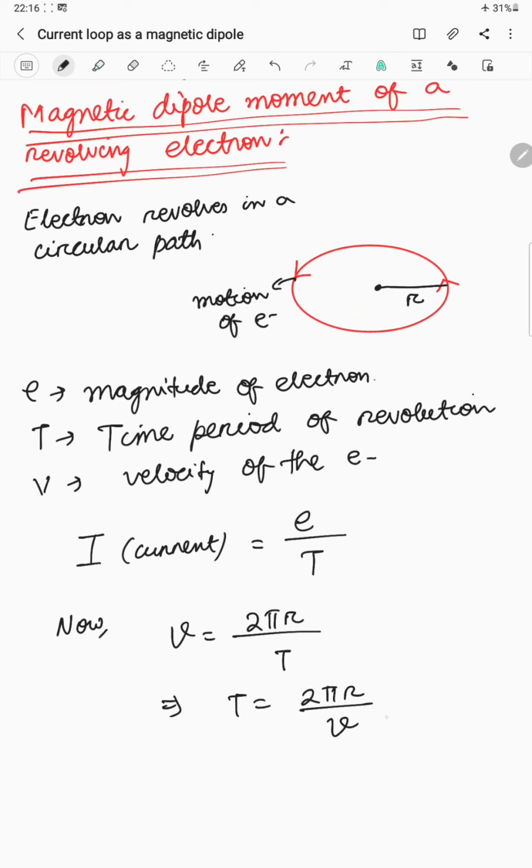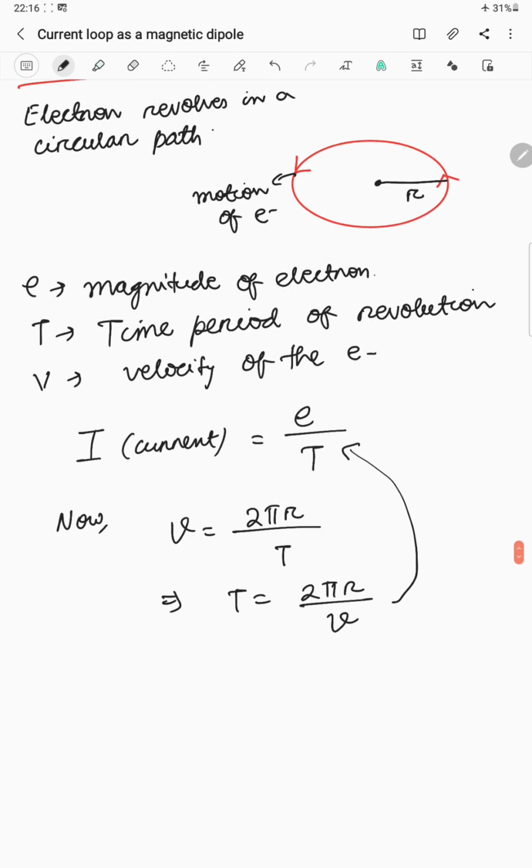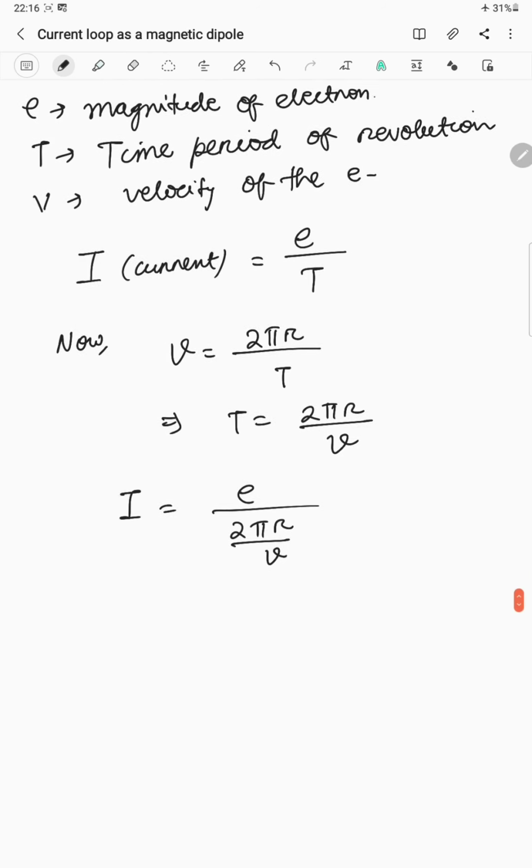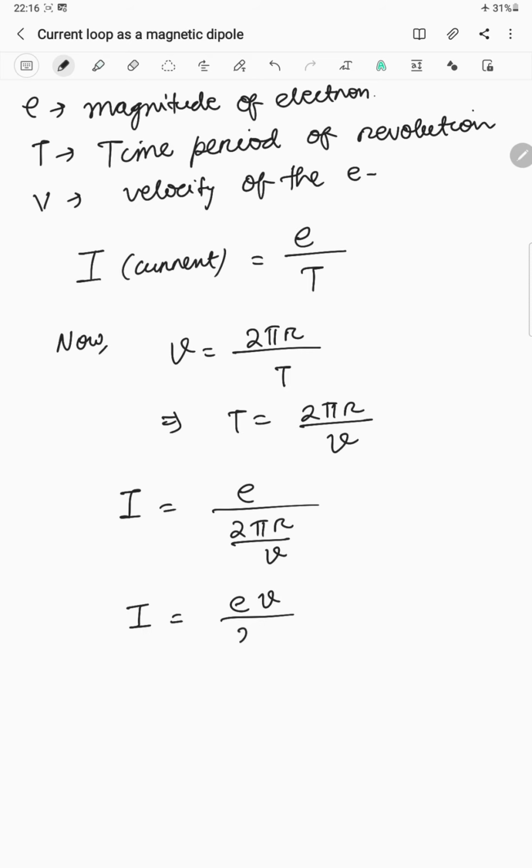I will substitute this value of T here. Then I will be equal to E divided by 2 pi r by V, so I will be equal to EV by 2 pi r.